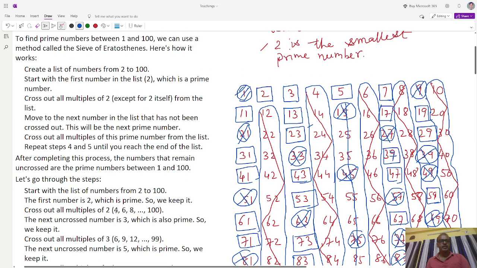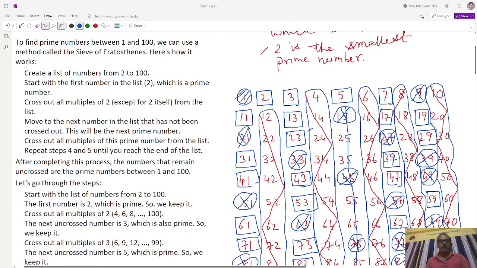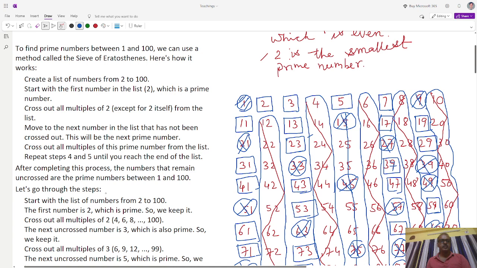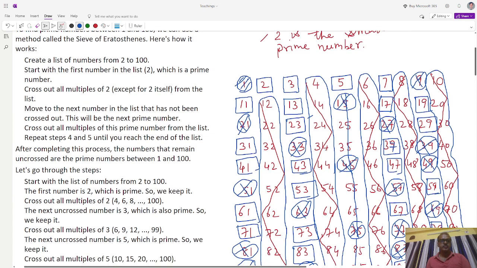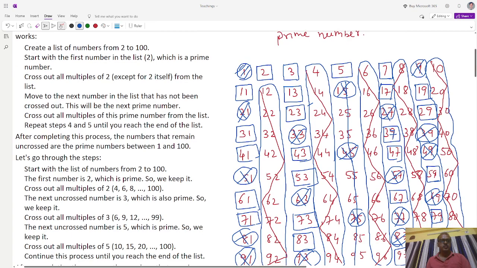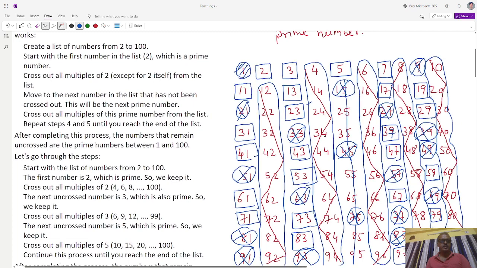So here I have discussed how we find the prime numbers between 1 to 100. After completing this process, the numbers that remain uncrossed are the prime numbers between 1 and 100.